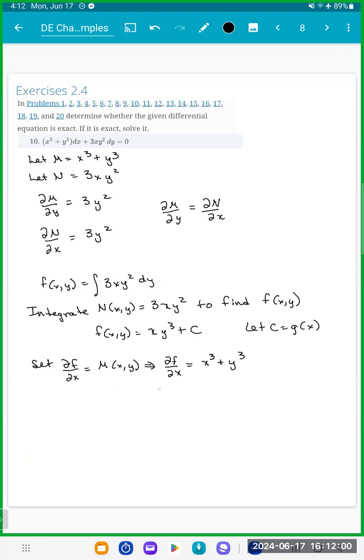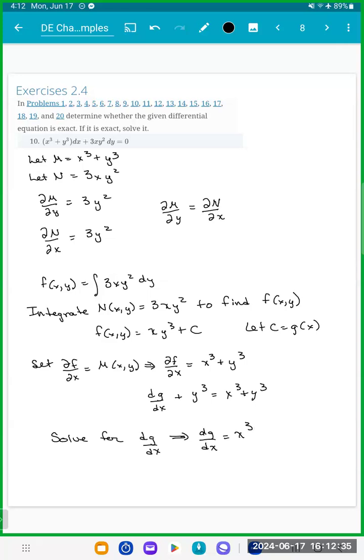And so when we simplify that, that's g prime of x plus y cubed is equal to x cubed plus y cubed. And we want to solve for that derivative. So we're going to solve for this. That gives me dg over dx equals x cubed.